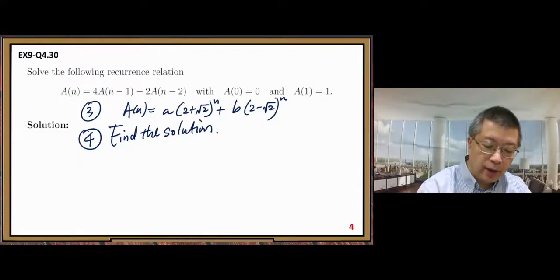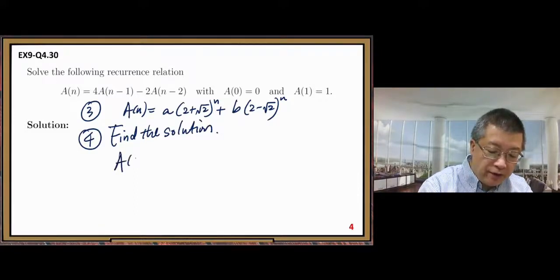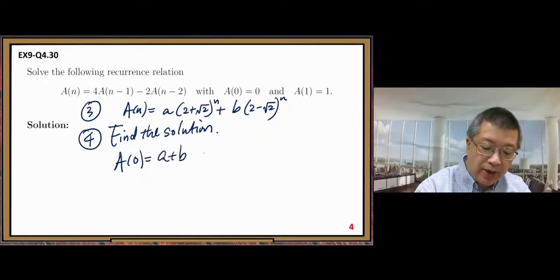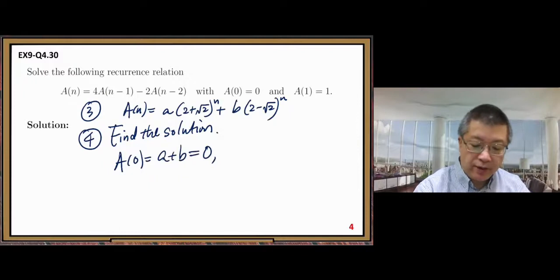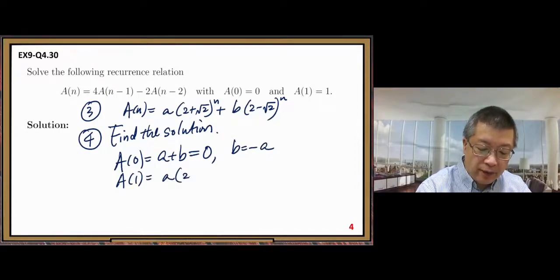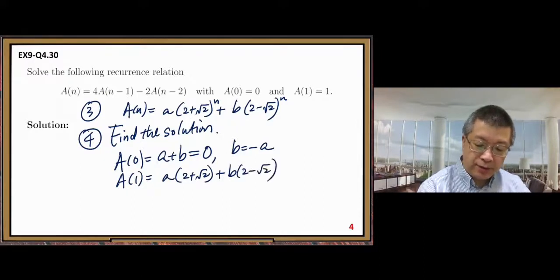So a of 0, plug in, a plus b equals 0, so b equals negative a. For a of 1, a times 2 plus root 2 plus b times 2 minus root 2 equals 1.